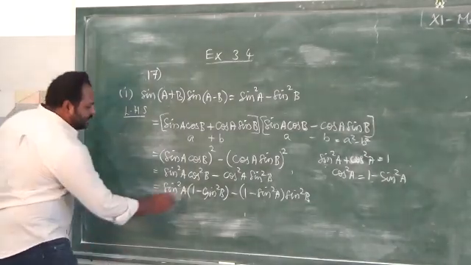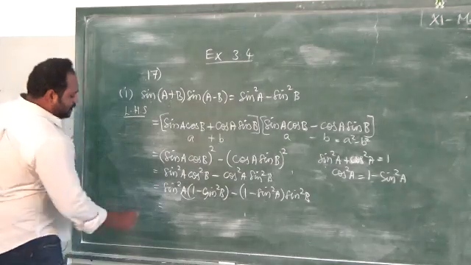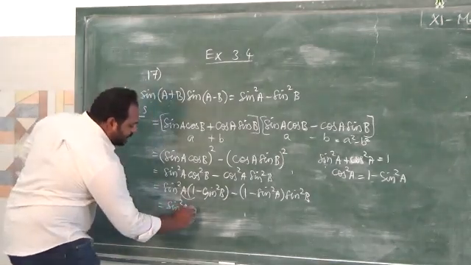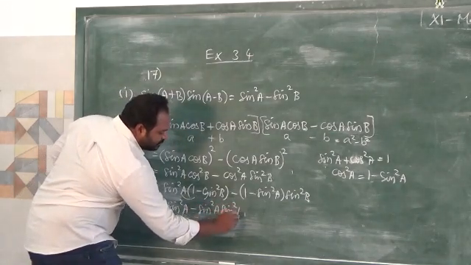So next, multiply inside. Sin square a into 1 is sin square a, minus sin square a into sin square b.